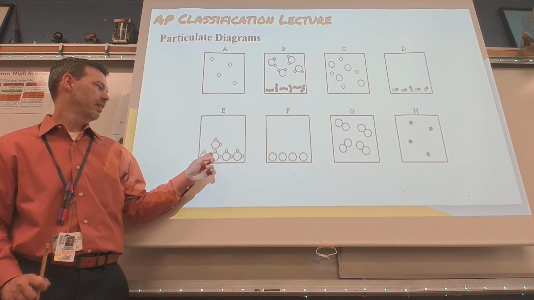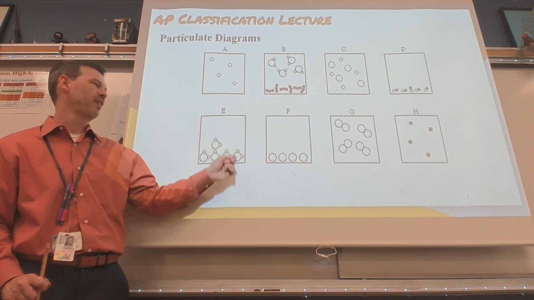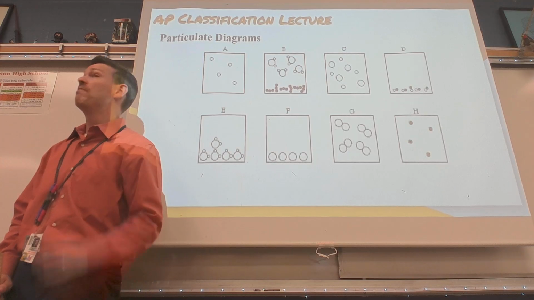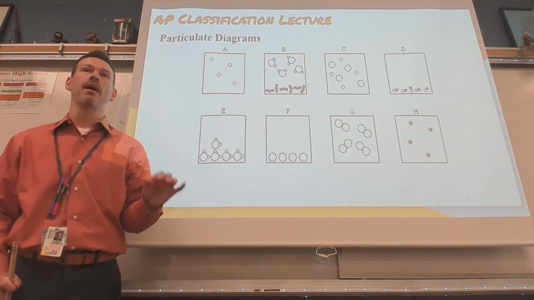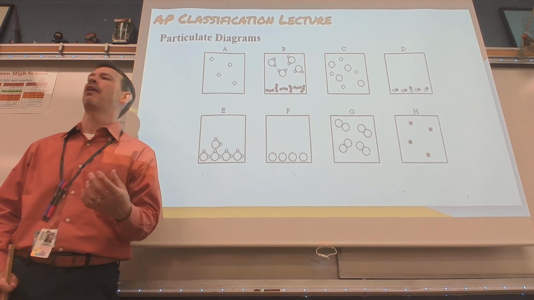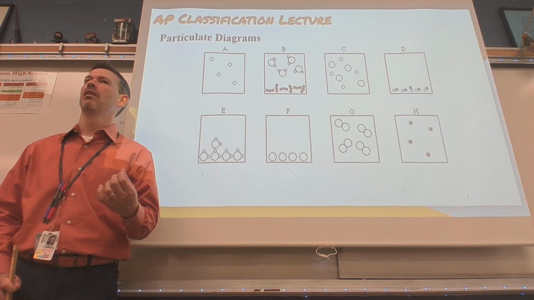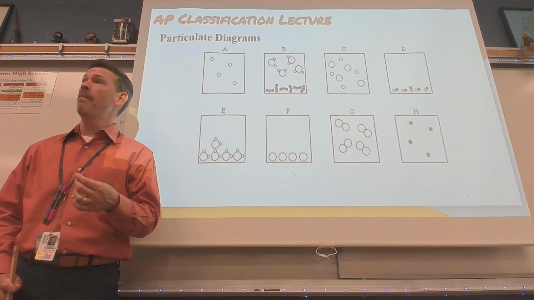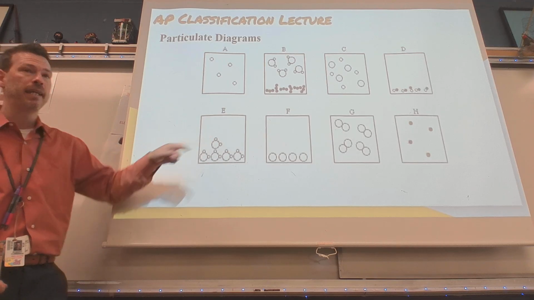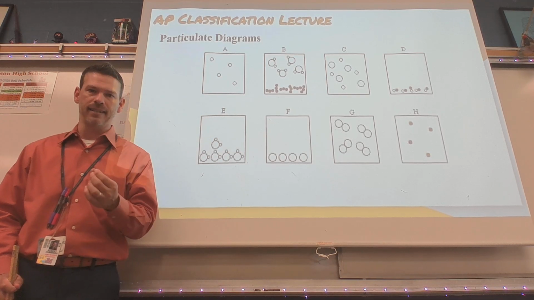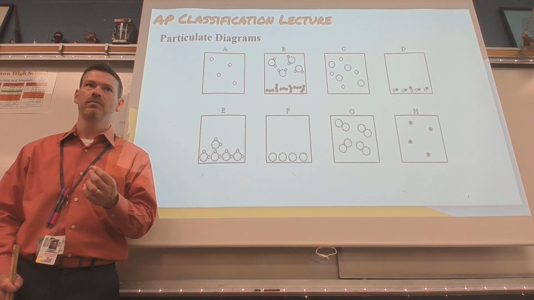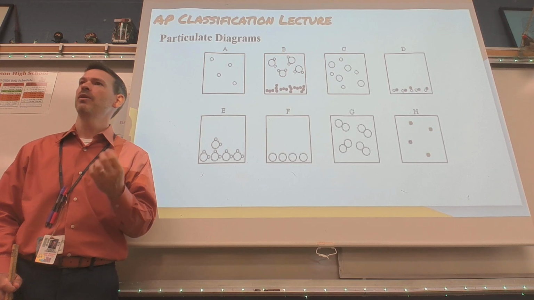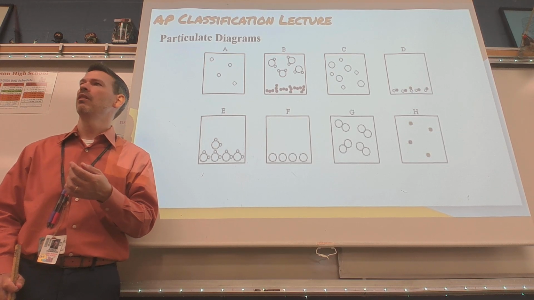All right. Solid, liquid, or gas for E? Solid. Very organized along the bottom. Very predictable pattern. Element, compound, or mixture? Compound. Different size shapes, big and little circles, but they're connected. So it's a solid compound.